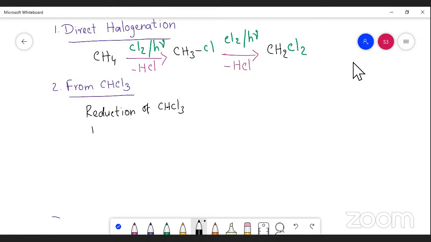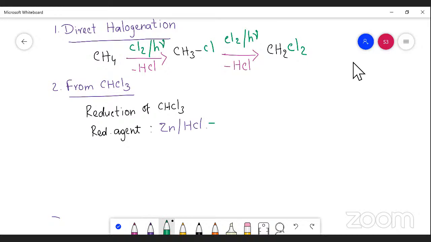We are taking zinc and HCl. What is the process? When zinc is treated with HCl, zinc chloride and hydrogen are formed, so it will produce hydrogen.